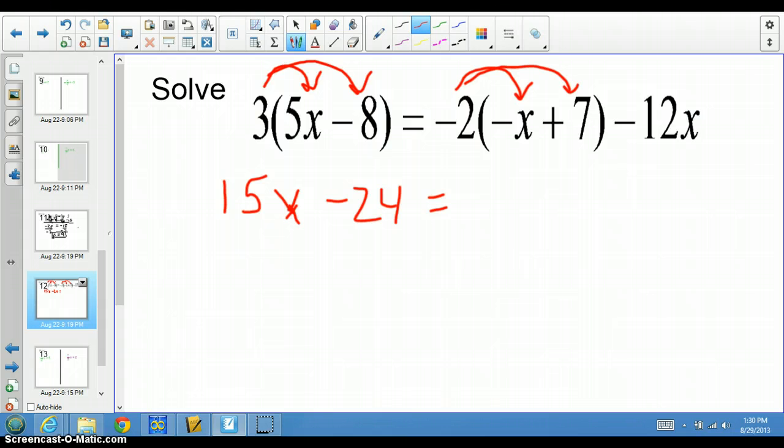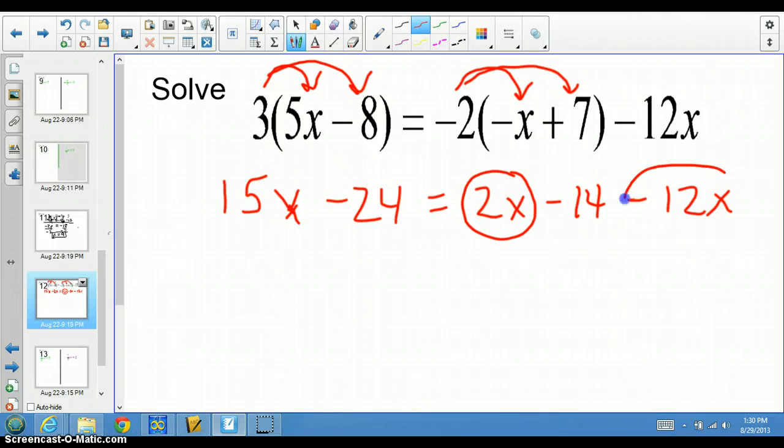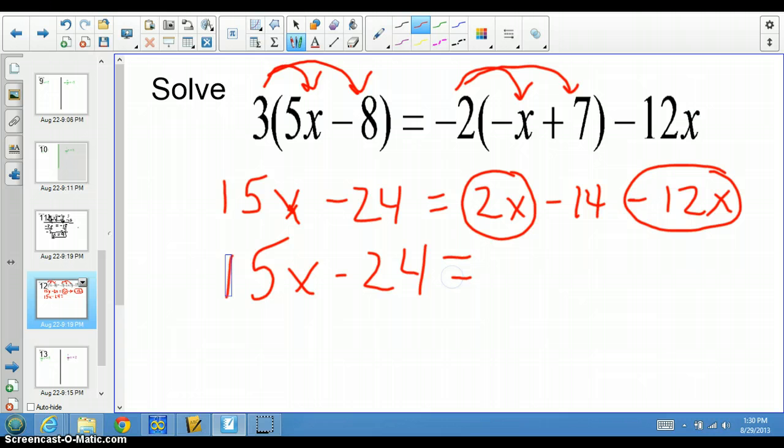So inside that parenthesis, negative 2 times negative x is positive 2x. Negative 2 times 7 is negative 14. Then I have to bring this negative 12x down. We do not multiply this negative 2 to the negative 12 because it's not inside that parenthesis. On the right side, I need to combine like terms. So 2 minus 12 is negative 10x.